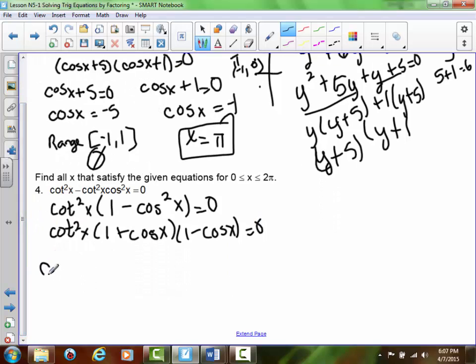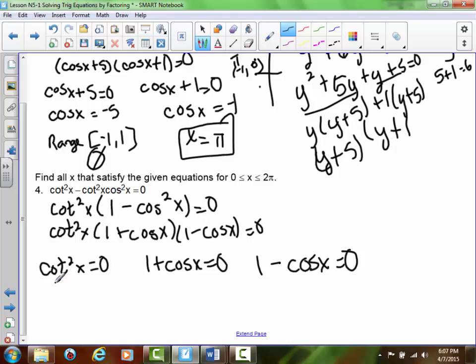equals 0. Okay, so that's as far as it's going to factor. So I will have cotangent squared x equals 0, and 1 plus cosine x equals 0, and 1 minus cosine x equals 0. Okay, so where does cotangent squared x equal 0? Well, remember cotangent is x over y.